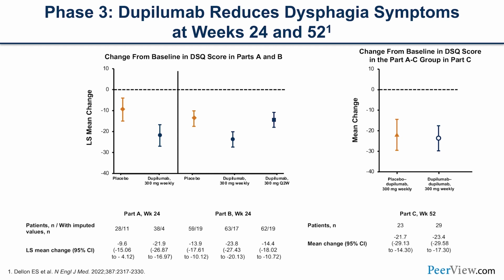Now, for patients who were started in that Part A, patients who received dupilumab were continued on that another 6 months, and patients who received placebo initially were changed over and treated with dupilumab. The panel on the right shows what happened to those groups. Basically, the patients who had ongoing dupilumab treatment maintained that good symptom response, and patients who initially were on placebo after treatment with dupilumab achieved the same symptom response as patients achieved in Part A.